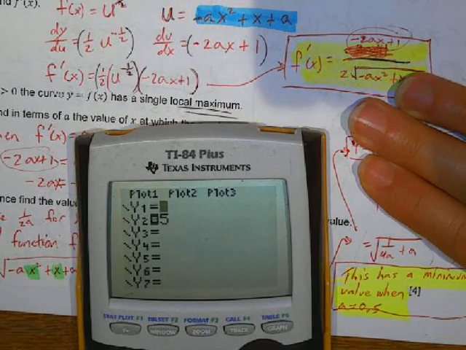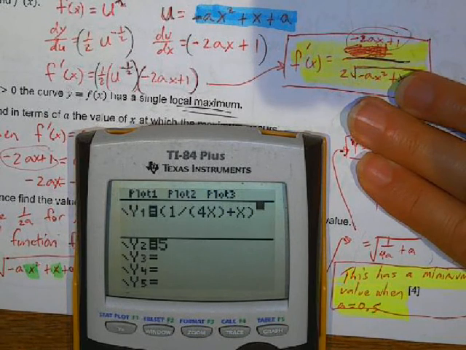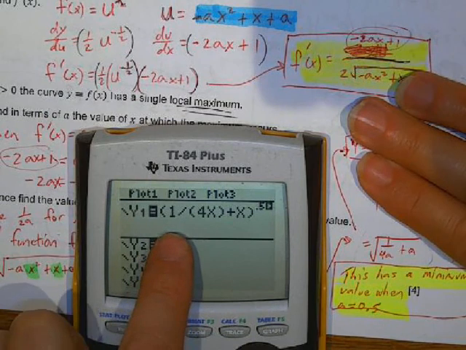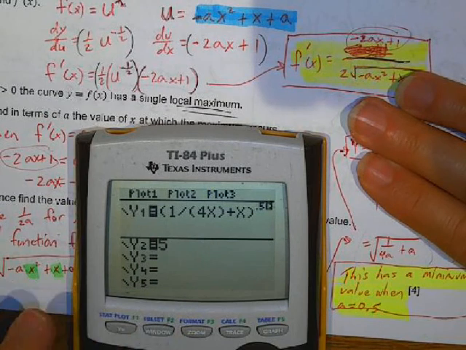Parentheses, 1 divided by parentheses 4x, close parentheses, plus x, close parentheses, to the power of 0.5, so to the 1/2 power. Did I type that in right? So let's graph that.